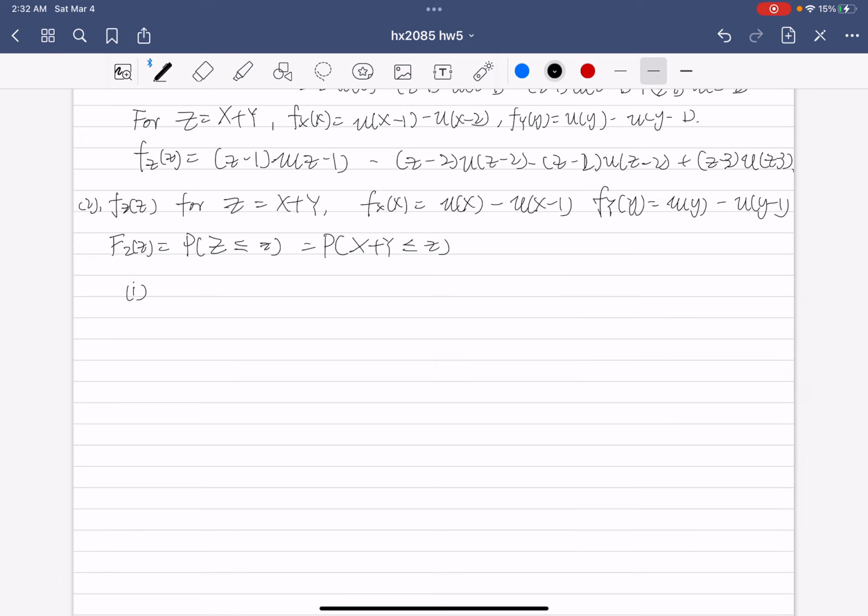The first condition is when z is less than or equal to 1, we can draw a plot. This is x, y, and here is 0. It's 1, 1.